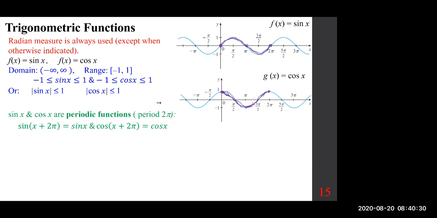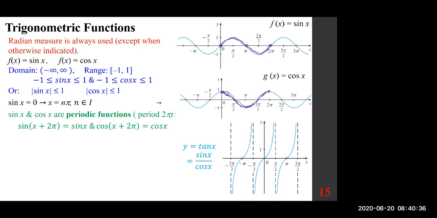When it comes to tangent, tangent is sine over cosine, so wherever cosine is 0, we end up with what's called a vertical asymptote. For tangent, here's your basic graph. One complete cycle.